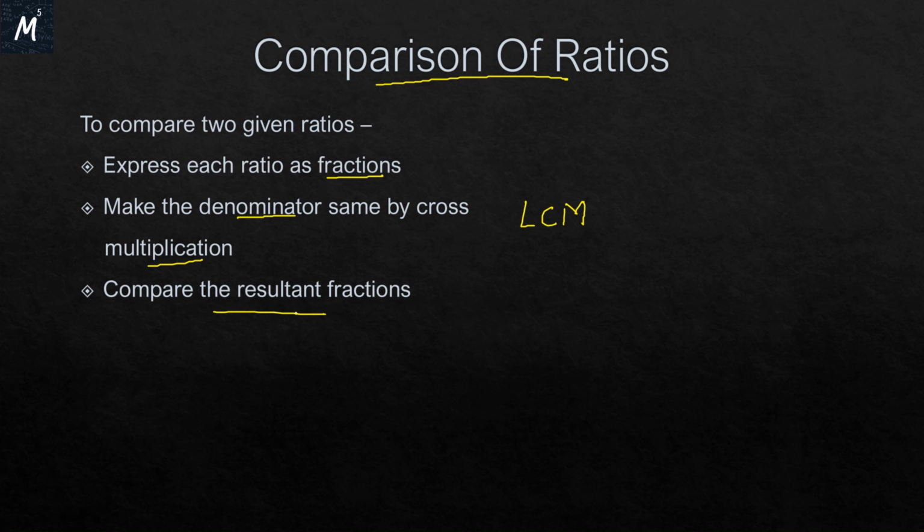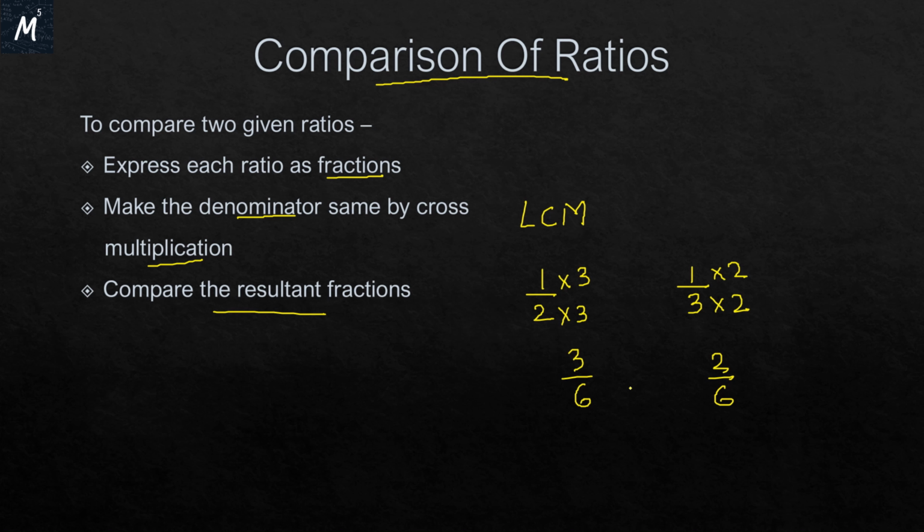Let's take an example. Let's say 1 upon 2, 1 is to 2, and 1 upon 3, 1 is to 3. So they are written in fraction form. Now the denominators are made the same. I know the LCM of 2 and 3 is 6. So I'll multiply the first ratio by 3 and the second one by 2. So this becomes 3 upon 6 and this one will be 2 upon 6.